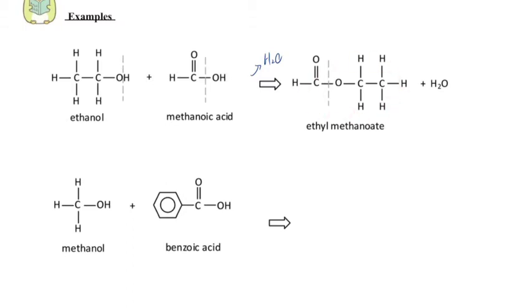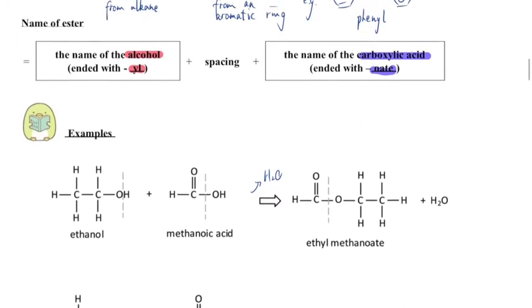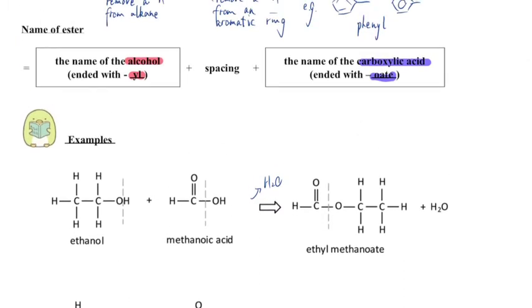So on the right hand side, remember we change the name of the alcohol, and then we put it at the front. The alcohol that we put in is ethanol, so we change the ending into YL, so it will become ethyl. Okay, that's the first part. And then with a space, we put the name of the carboxylic acid but ending in OATE.